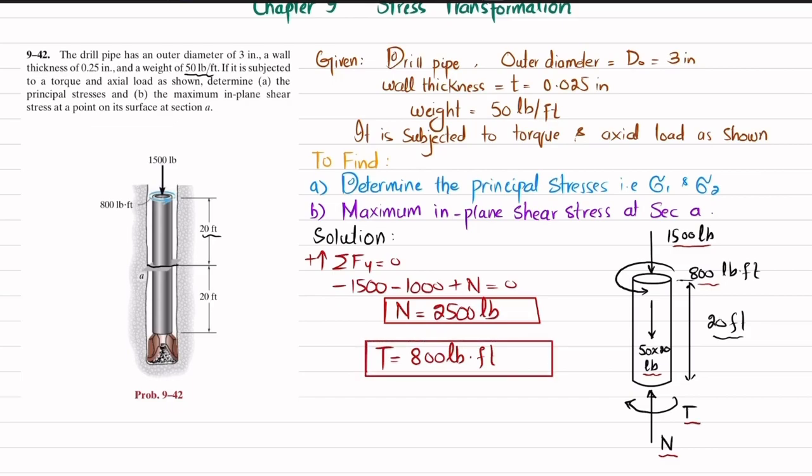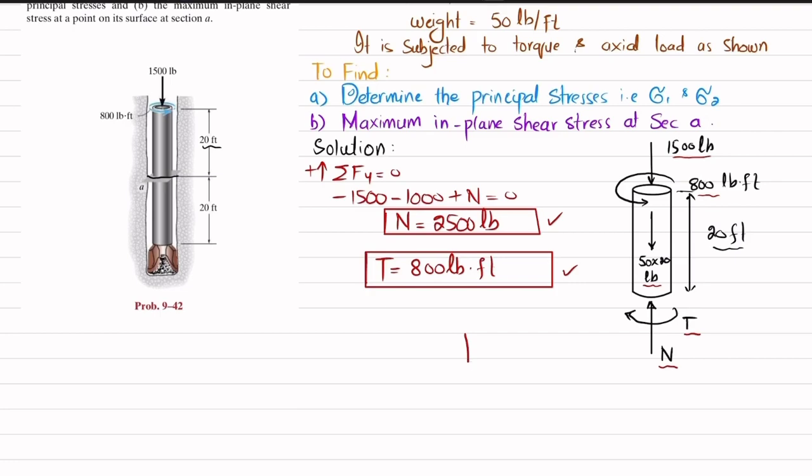Now you can see you have a normal axial load and you have a torque. So if I draw the state of stress like this, let this be the element.